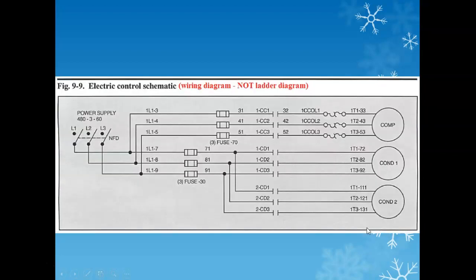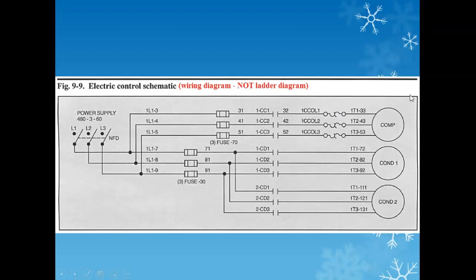So this is a wiring diagram, not a ladder diagram. A ladder diagram would have side 1 and side 2. This is a wiring diagram because you've got your power supply and everything moves from there. Everything is fused on this, and then you've got contacts and overloads over here.